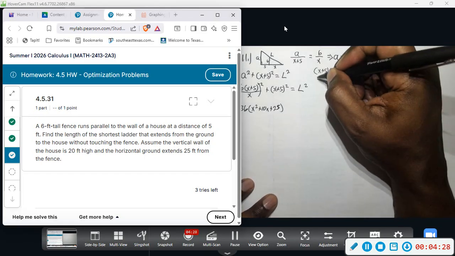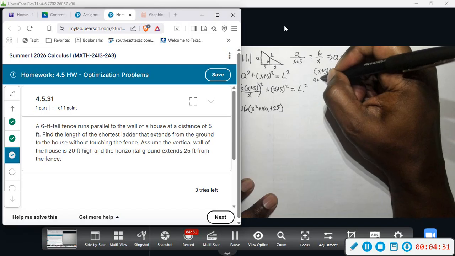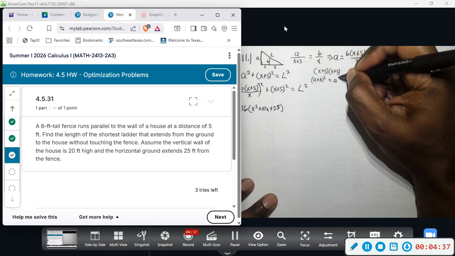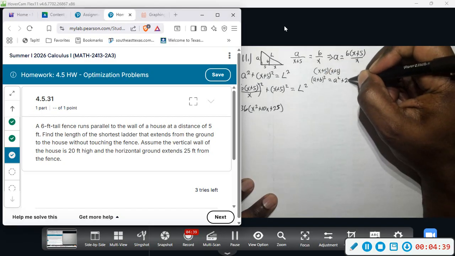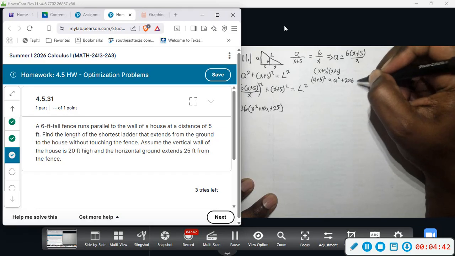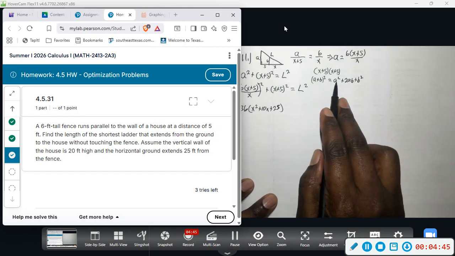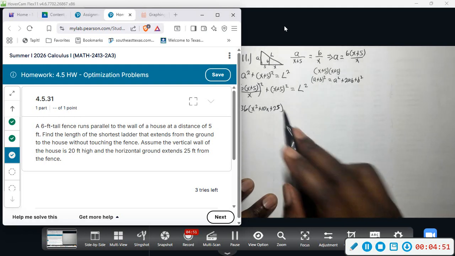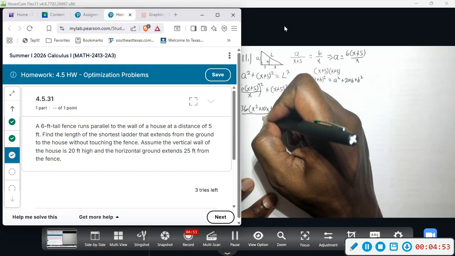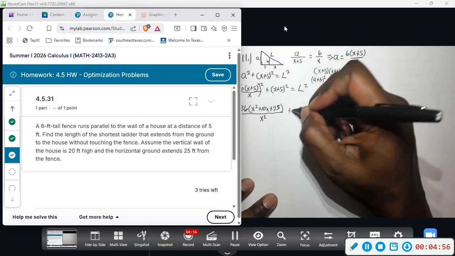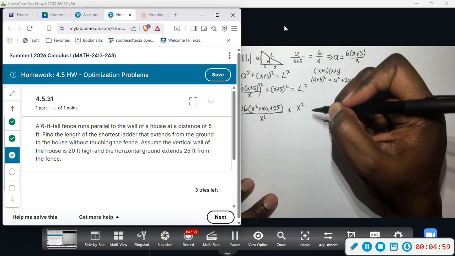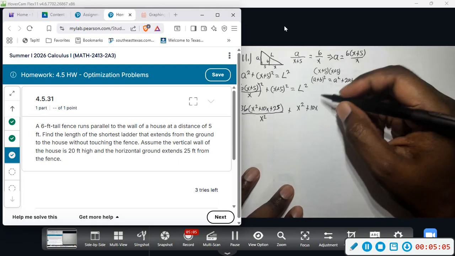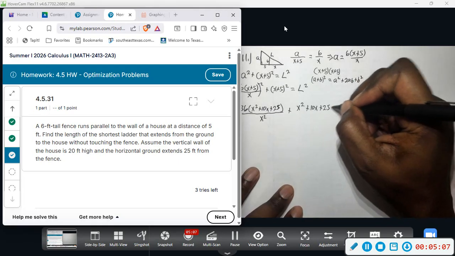There's a shortcut that says if you have A plus B squared, or A minus B squared, the formula is A squared plus or minus 2AB plus B squared. I squared the first term, multiplied these two together and then times 2, and then squared the last. So that's where I got that. And this is all over X squared, plus X squared plus 10X plus 25 equals L squared.